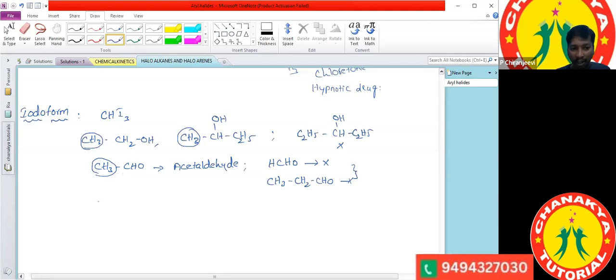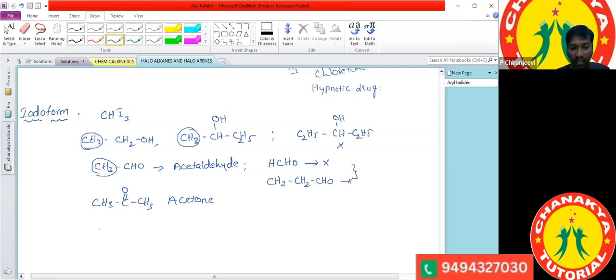Another one is ketones. CH3-C=O-CH3 is acetone. Acetone gives a positive iodoform test. Ketones also give it, but only the methyl group attached to the ketonic functional group is involved.